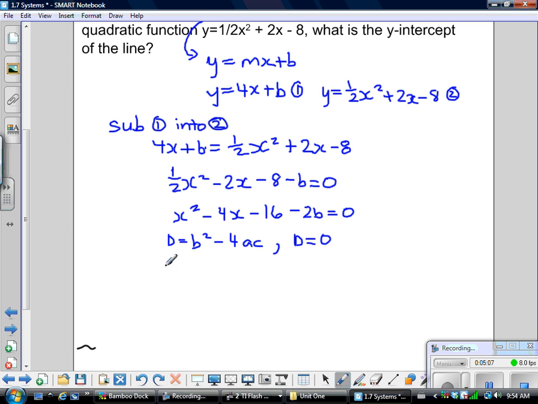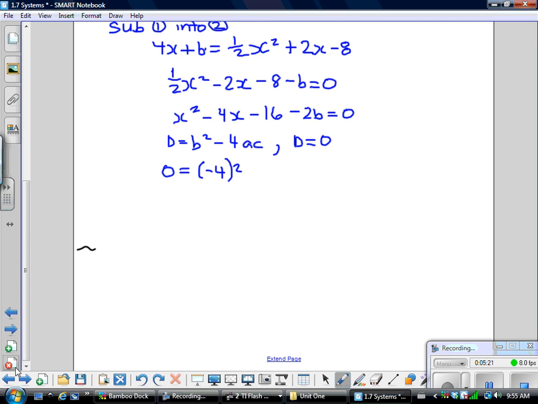So I'm going to put 0 equals my b squared, so that's going to be negative 4 squared, minus 4 times a, where my a is 1, and my c is going to be the negative 16 minus the 2b. Oops, sorry, it doesn't equal 0; we already have the 0 there.